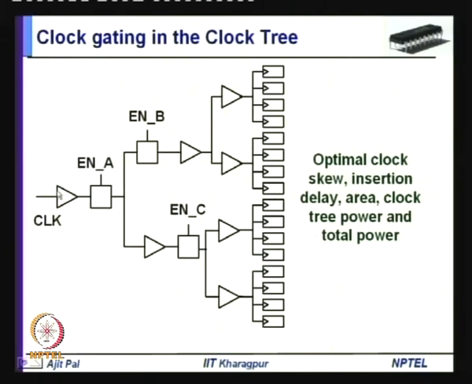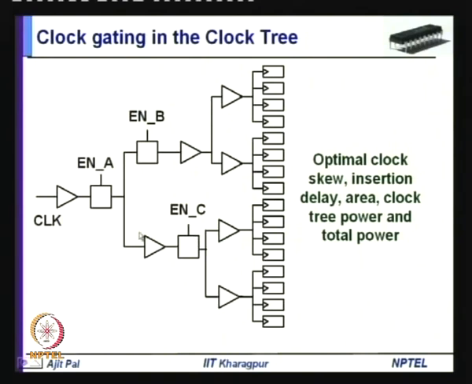You can see in each path you have got 2 clock gating hardware, the number of clock gating hardware and the number of buffers are all the same, but they have been judiciously placed, some of them close to the root, and here the clock signal will reach when both of them are enabled. Similarly, the clock signal will reach here when both of them are enabled, enable A and enable C.